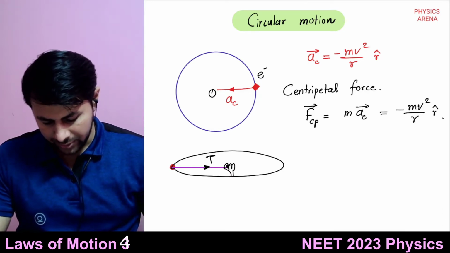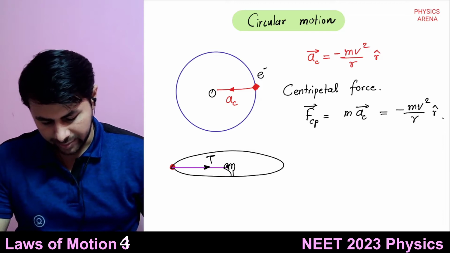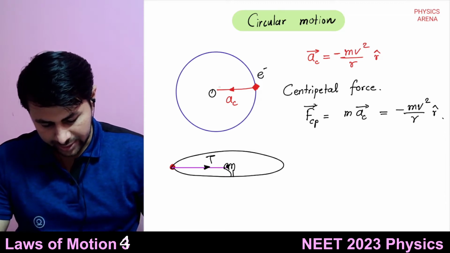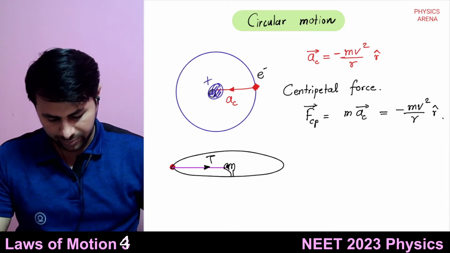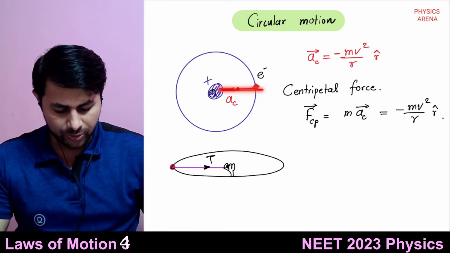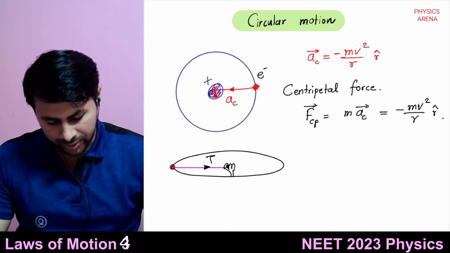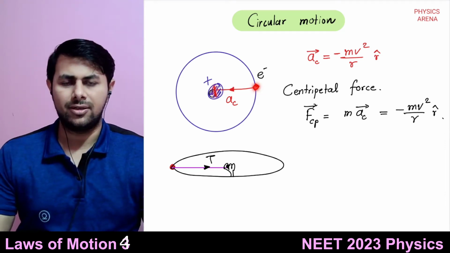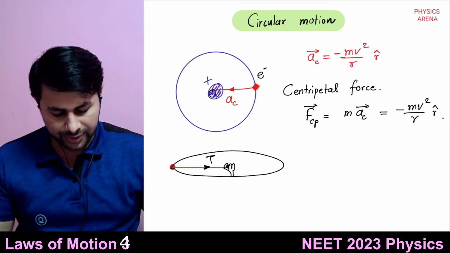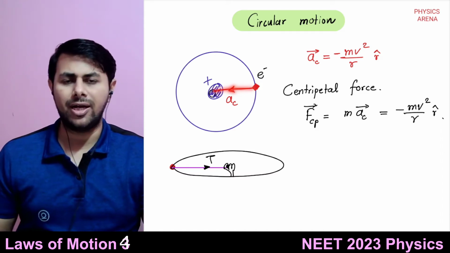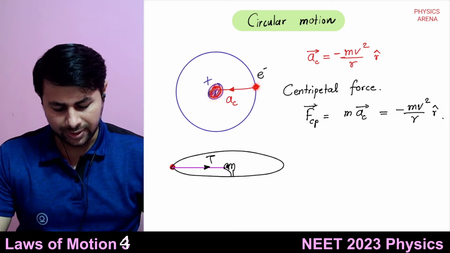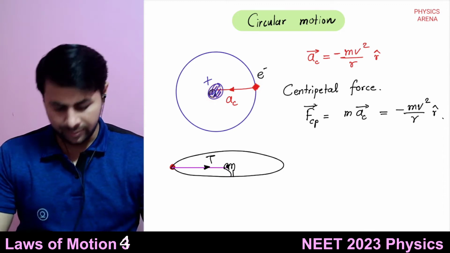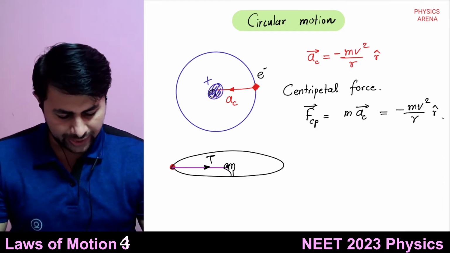We know the center of the atom is positively charged, the nucleus is positive, okay? There is a force of attraction between positive charges and negative charges. So here this centripetal force is provided by the electrostatic force of attraction between the electron and the nucleus, okay? So what can I write here?